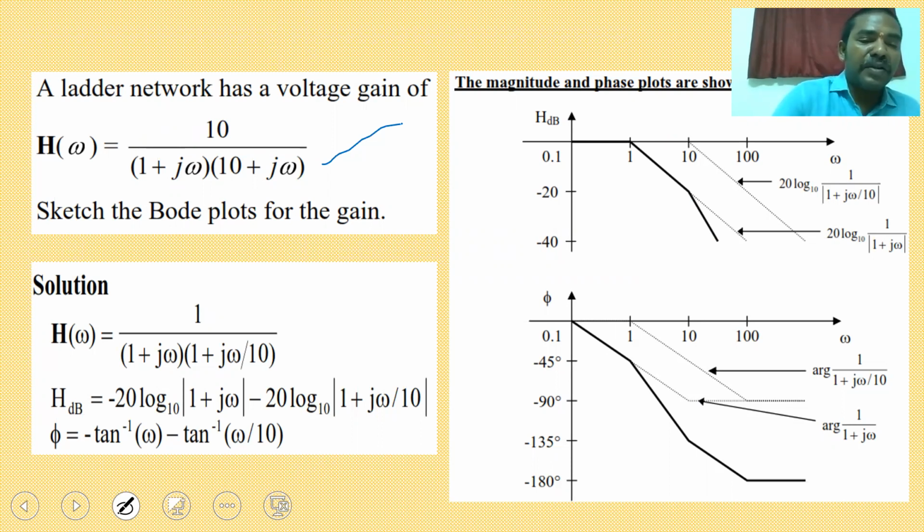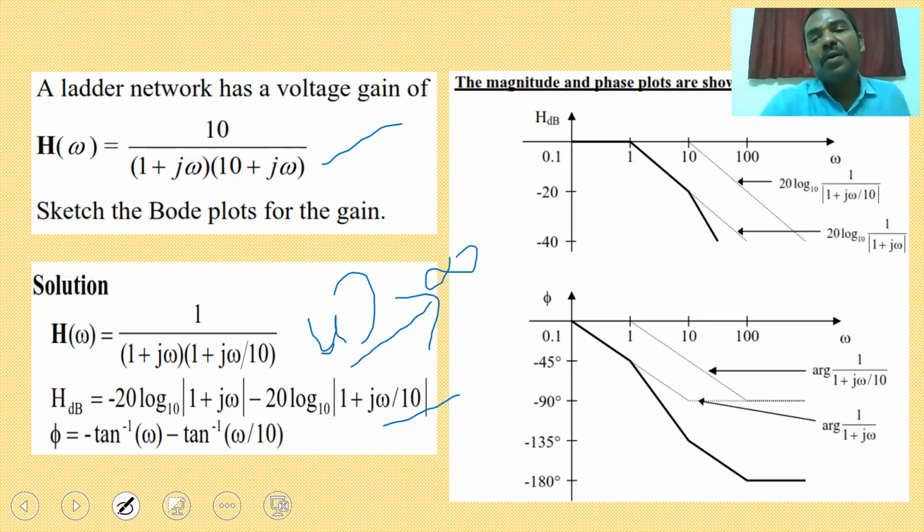So the magnitude value we are writing in terms of decibels: minus 20 log 10 of 1 plus j omega, minus 20 log 10 of 1 plus j omega by 10. So by varying the omega value from 0 to infinity, you can get the Bode plot of magnitude waveform like this.